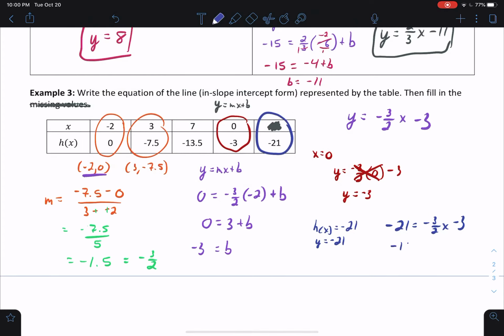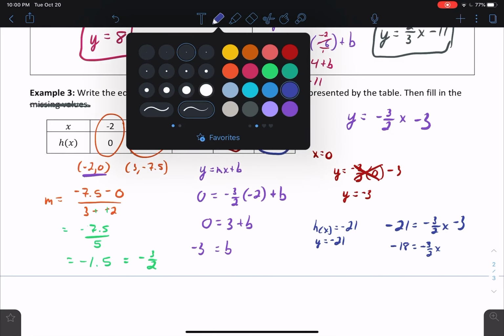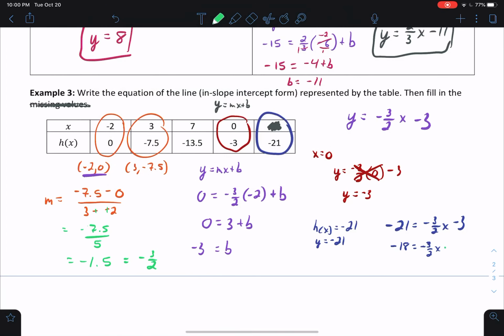So I have -18 equals -3/2 x. And then I need to multiply by the reciprocal to get rid of this fraction. And x is going to equal, if I cross cancel here, 3 goes to 1, -18 goes to -6. -2 times -6 is +12. So x equals 12 here.